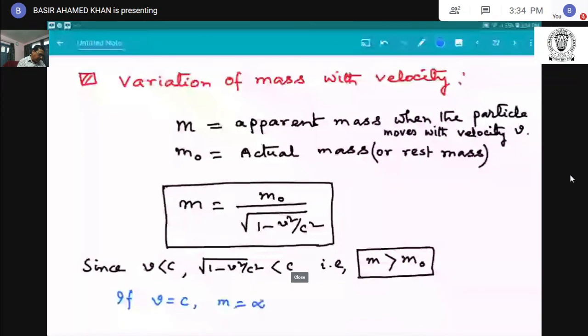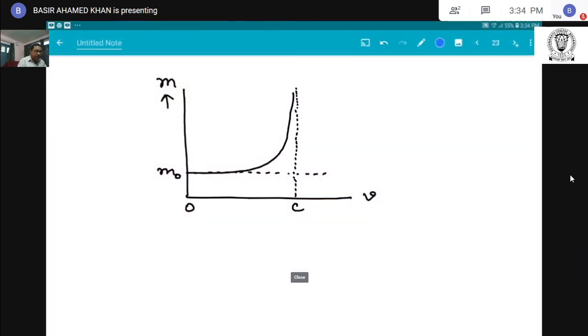This graph also shows that when velocity v equals c, the mass becomes infinite.